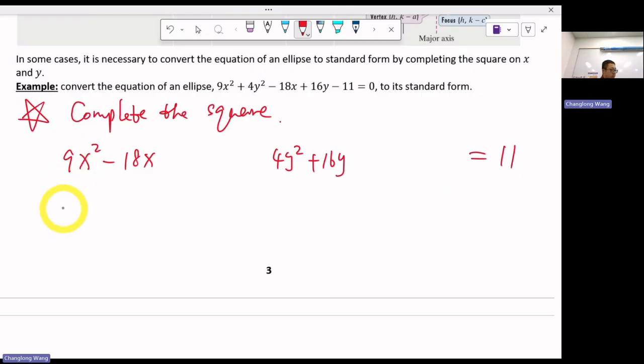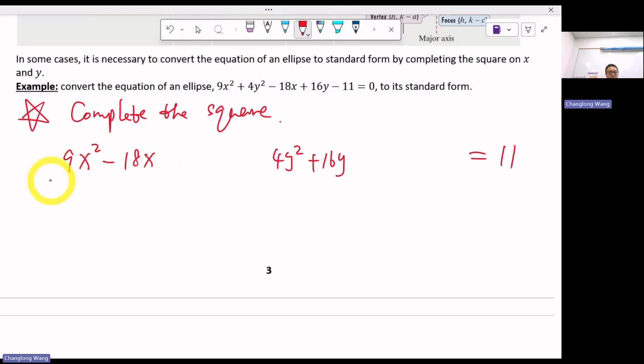Typically, there are two ways of doing it. The first way, which I believe a lot of people will do, is to divide out a 9. But if you do that to this equation, you end up dividing the coefficient in front of y by 9 and getting some ugly numbers to deal with. So I suggest that you factor out the 9, but don't factor it out overall. Just factor out the 9 from the first two terms.